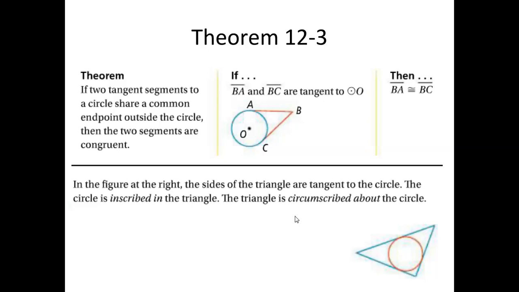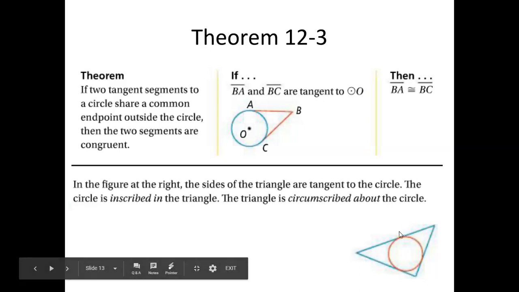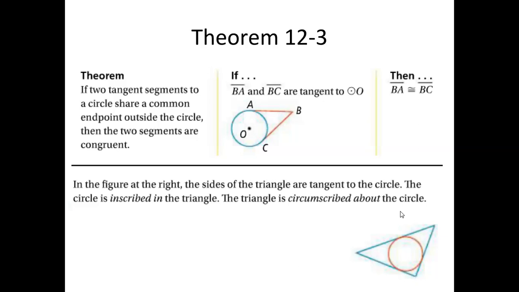Now, in this figure down here, the sides of a triangle are tangent to the circle. So we say that the circle is inscribed in the triangle. The circle is drawn inside the triangle, so each point where it touches the triangle is a point of tangency. The triangle is also said to be circumscribed about the circle.